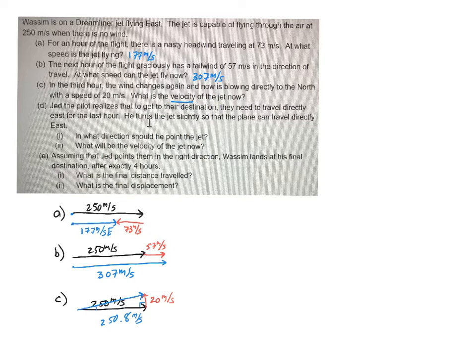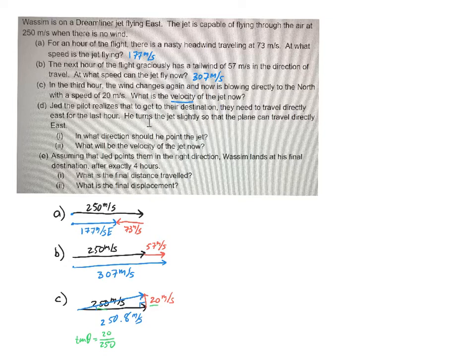Okay, so for the direction, I'm going to need to use maybe tangent here. So we're going to go tangent of theta equals opposite over adjacent. Okay, I'm going to use the actual values I started with, not the calculated value. And so I'm going to go inverse tangent of 20 divided by 250.